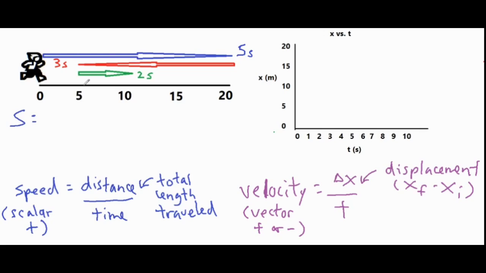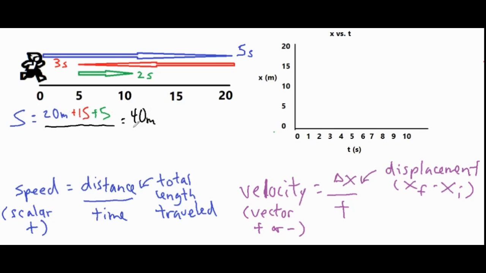You went 20 meters for the first portion. Then you went an additional 15 meters, because if you went from 20 all the way back to 5, that's 15. And then for the last chunk, if you went from 5 to 10, you're throwing an additional 5 right there. So what you would do is you'd go ahead and add those up. 20 plus 15 plus 5 equals 40 meters.